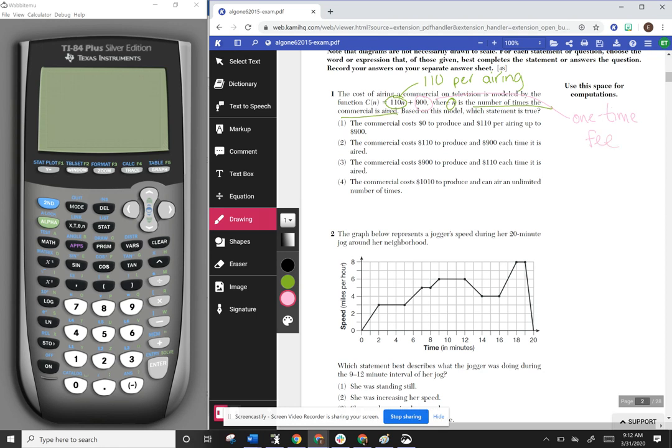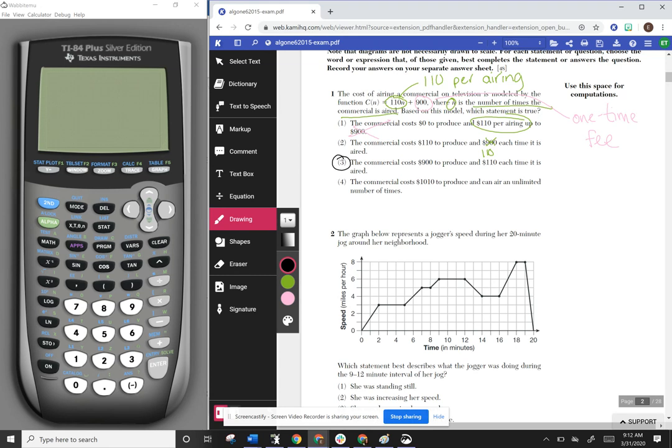Okay, so let's see what matches that. 1, the commercial costs $0 to produce and 110 per airing. 110 per airing is good, but the 900 piece isn't. 2, the commercial costs 110 to produce and 900 each time. Well, no, it's not 900, it's 110, so the numbers are flipped around. 3, the commercial costs 900 to produce and 110 each time the commercial is aired. Sounds like it's going to be 3, but let's check the other one.